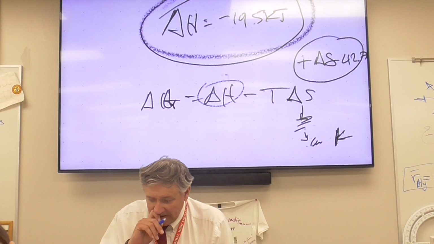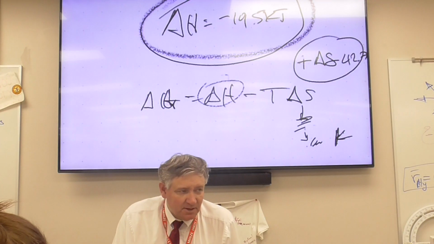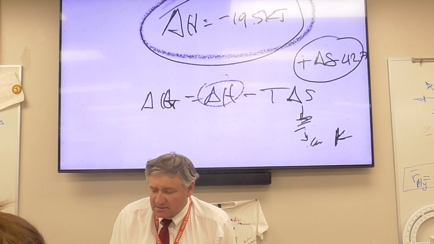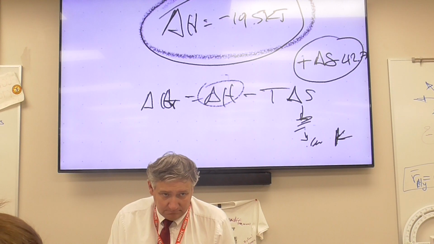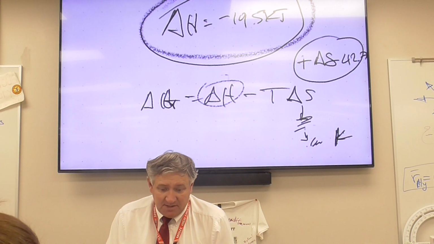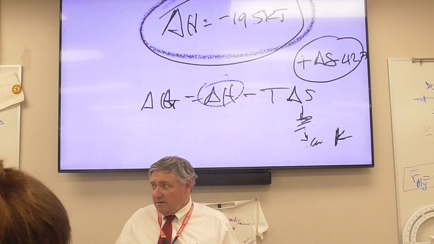So now, D is somewhat of an odd question. Do you even really need to ask D? No. Because you kind of answered it with your delta G. And it's always going to be spontaneous, okay?